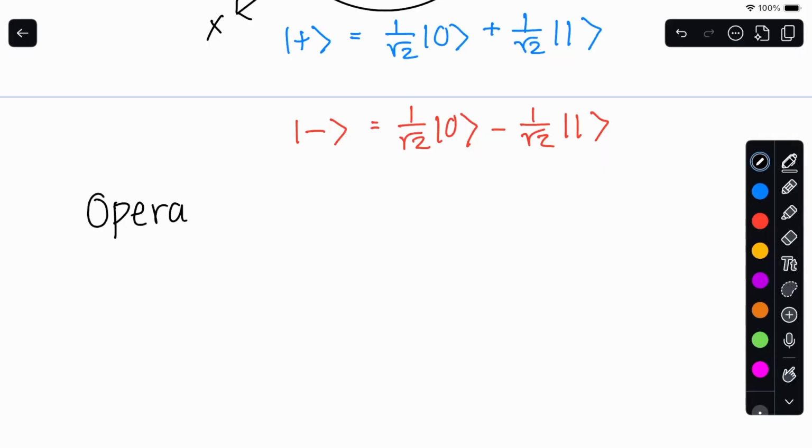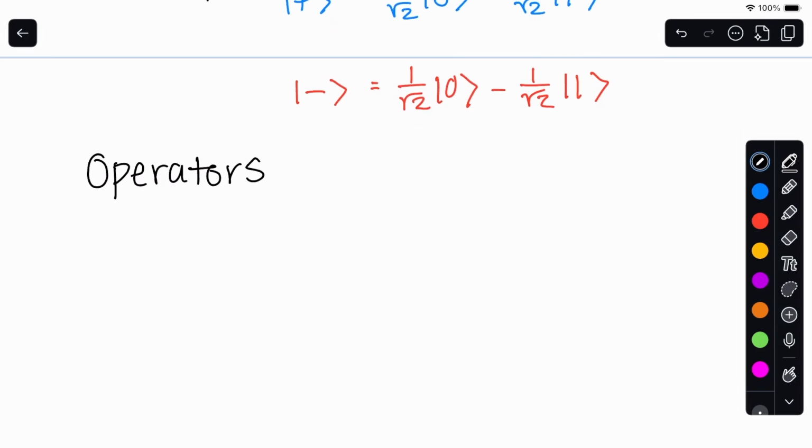So the last thing I want to talk about today is operators. And an operator is how we do stuff to our qubits. So basically manipulating them or measuring them. And an operator is some mathematical object which takes you from one quantum state to another quantum state.